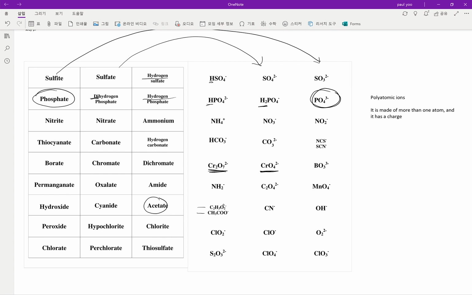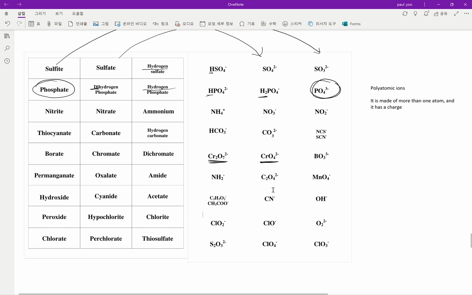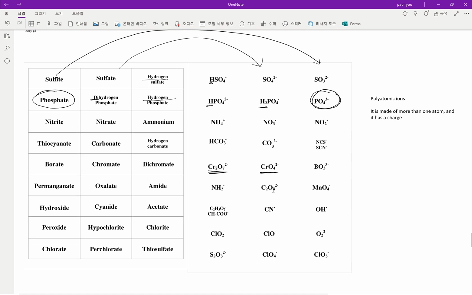What you see here is double C makes C2 and double O makes O2. So the top one is just a shorter form of CH3COO-. Don't worry too much about what the difference is. I will explain it to you. So everything here is very important.